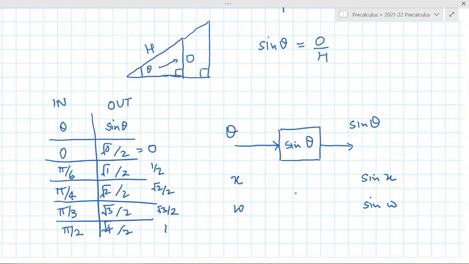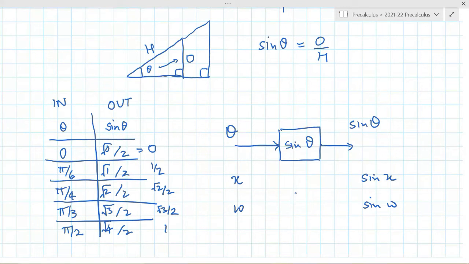I'm trying to reinforce the idea how sine theta is a function, right? You can give it different values of the angles and it gives you the various ratios. But for any one particular angle, there is only one ratio. For different angles, you can get the same ratio, that's okay.